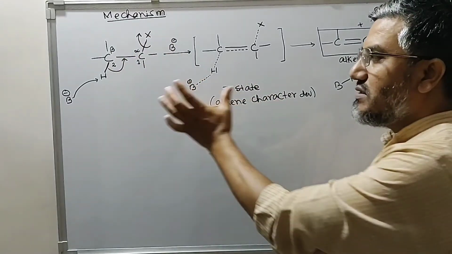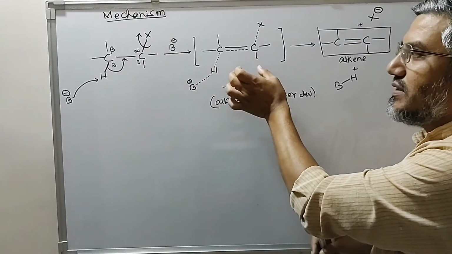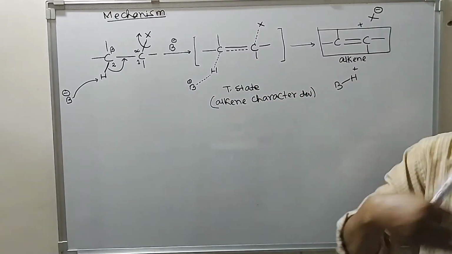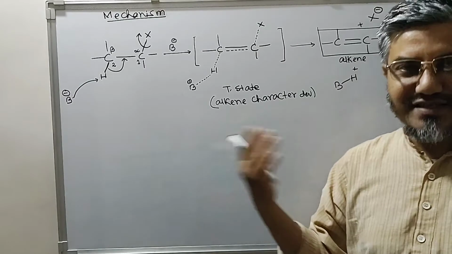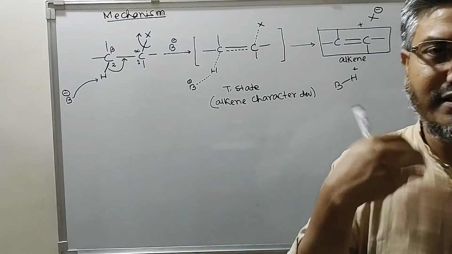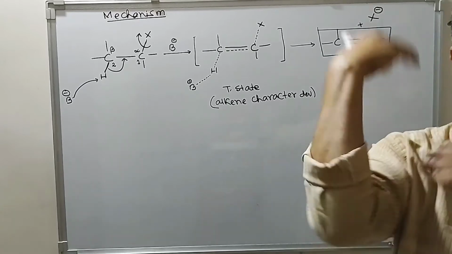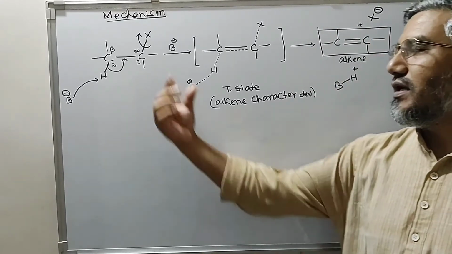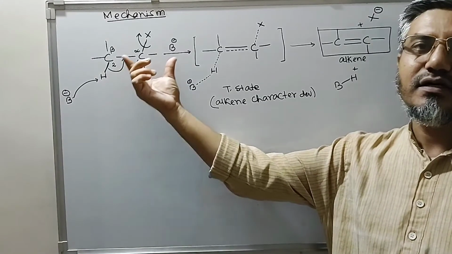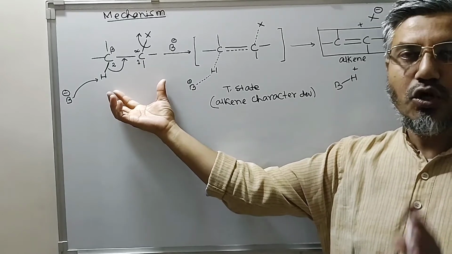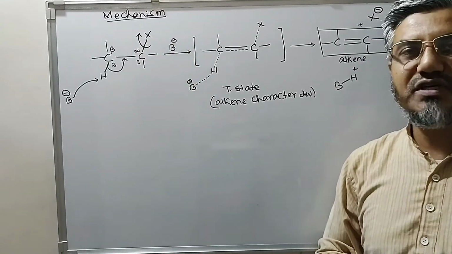So that energy difference will be reflected in the transition state. That means any factor which increases the stability of the transition state will increase the rate of reaction. So to increase the stability of the transition state, we have to use an alkyl halide in anti or staggered form. So this was the reason why the leaving group should be anti.